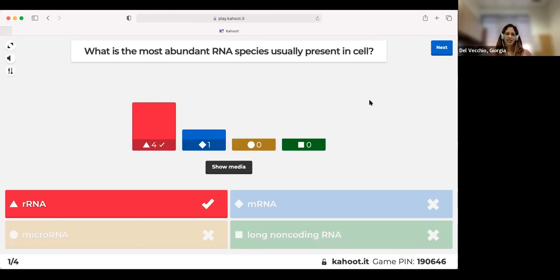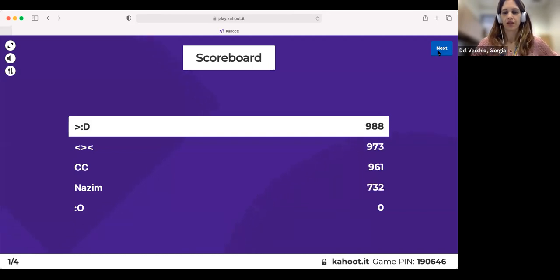It's 80–90% of the total RNA, while messenger RNA is usually 2–7%. That's why we talk about how to enrich for messenger RNA, how to enrich our RNA prep before the library.